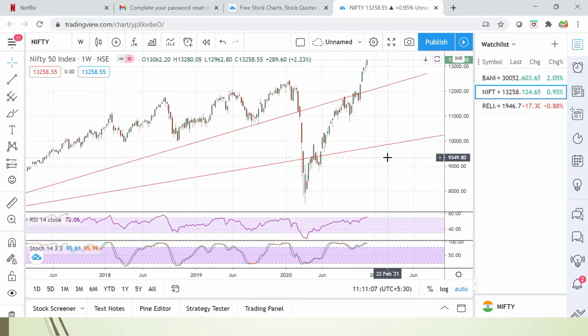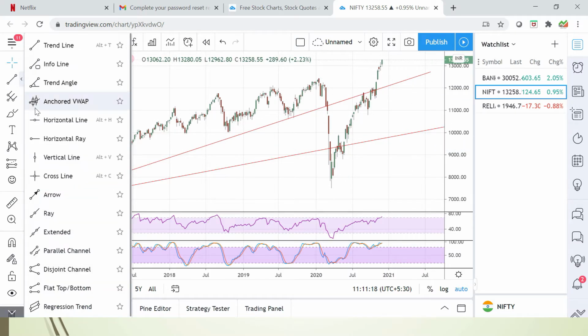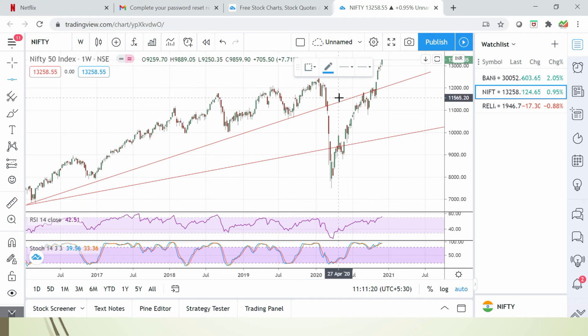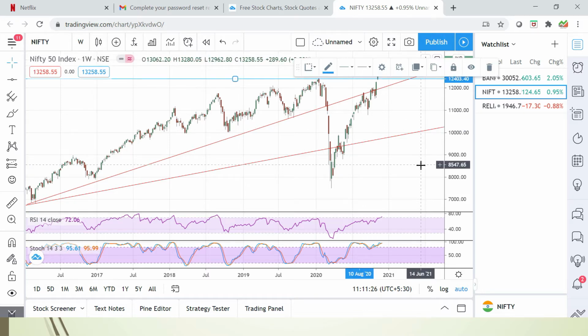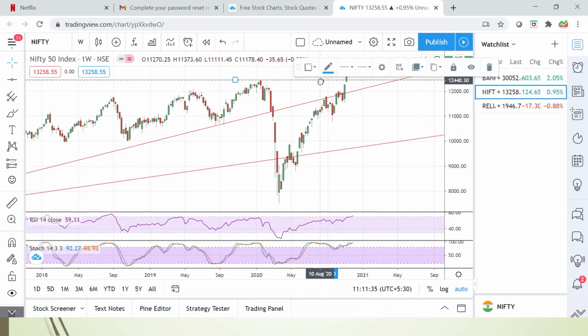If we want to draw some horizontal congestion areas where possible supports may happen, we can draw one or two horizontal lines, and I see here in this zone, the first previous high is going to act immediately as a support if this breakout beyond that is true, right? I can adjust it a little bit, this one.